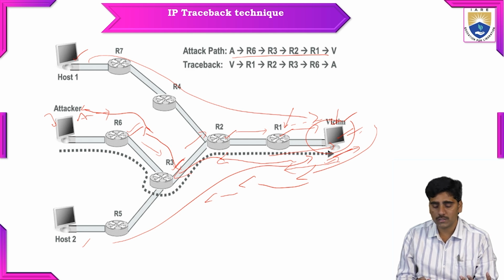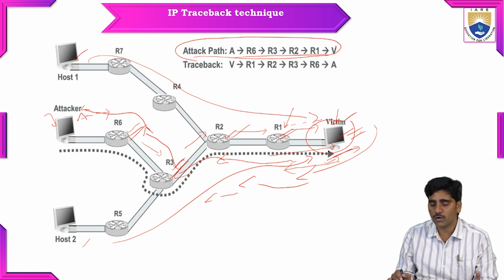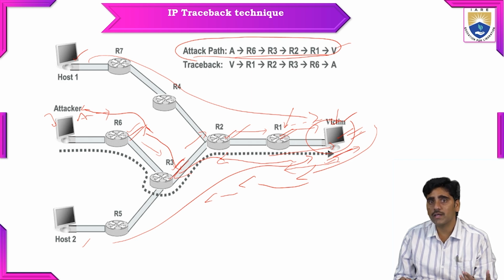Now the attacker uses router 6, router 3, router 2, router 1 to reach the target system. That path is called the attack path. And to find the source of the attack, where the attack process actually started, we use the traceback method.